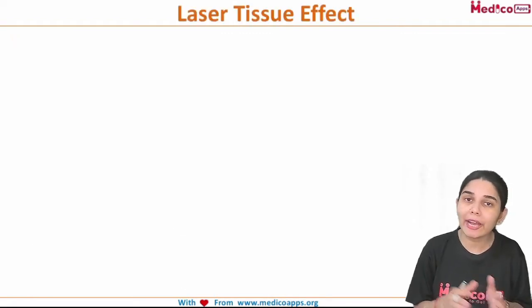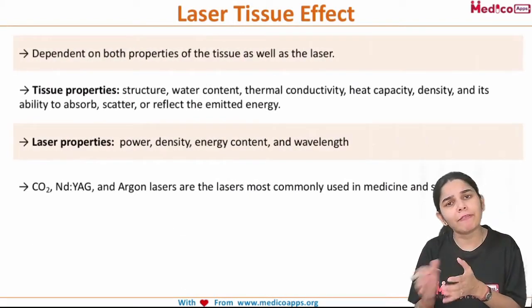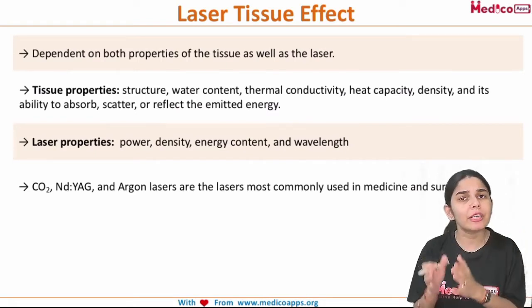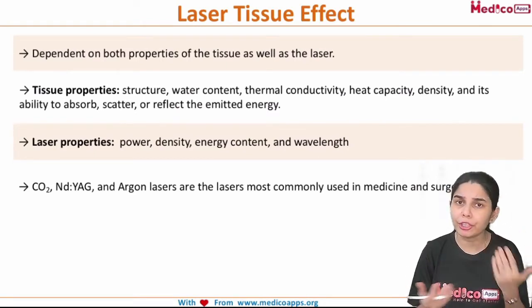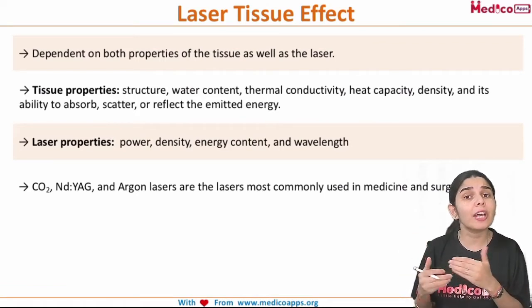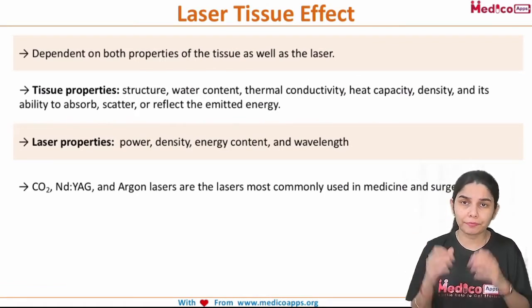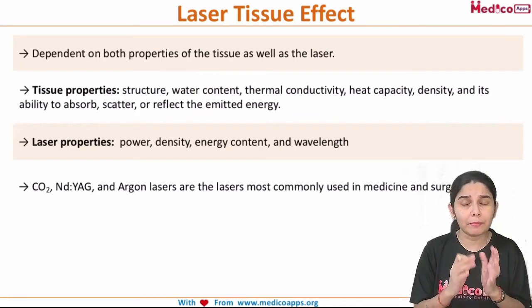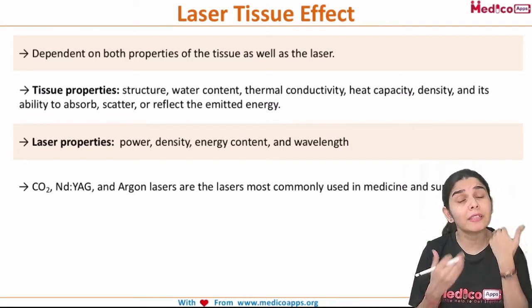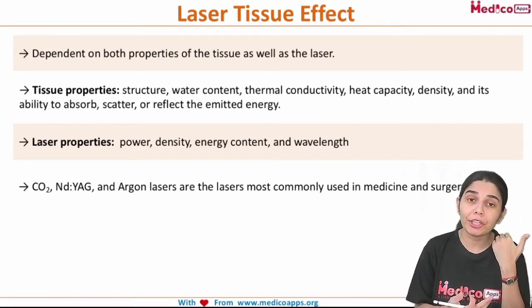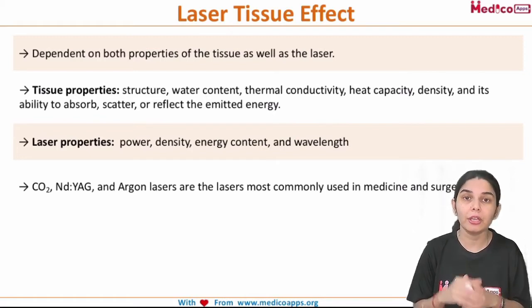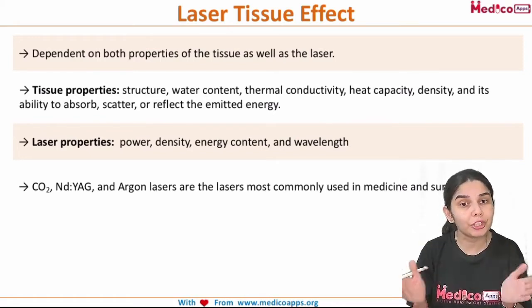Now, moving ahead, what is the effect of these laser lights? These laser lights have certain effects on the body tissue, and there are certain properties of the laser light which are interconnected with them. Both of them are dependent on each other. That means the body tissues and the laser light properties depend on each other. So let's first see the tissue properties.